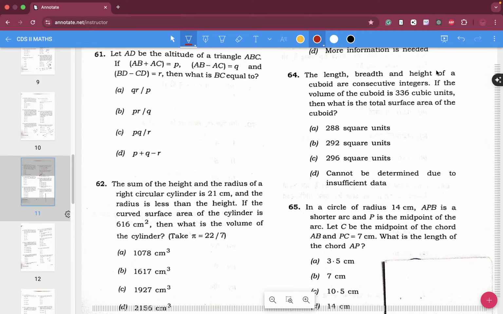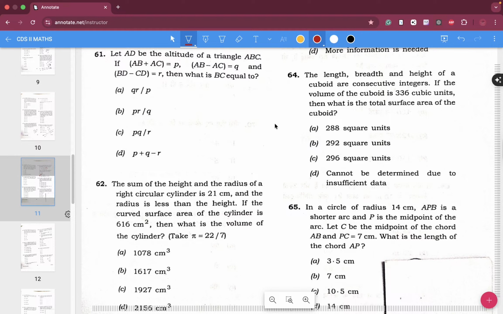If the volume is 336, then what is the total surface area? Tell me, what is the total surface area in that case?